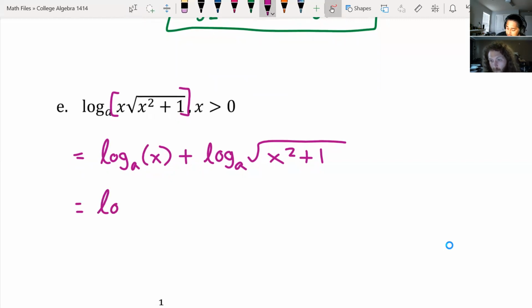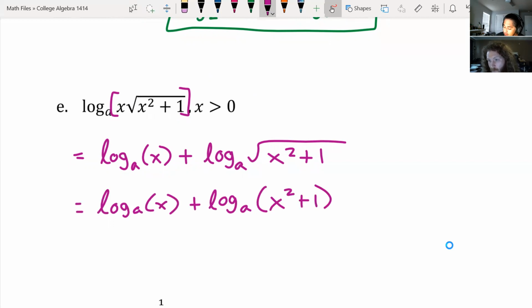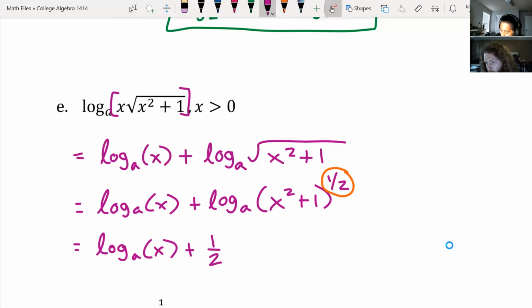The log base a of x is fine by itself, but we can rewrite that square root as x squared plus 1 to the 1/2. And then all we have left to do is power rule. We can bring that 1/2 down and we'll be done. We get log base a of x plus 1/2 log base a of x squared plus 1.